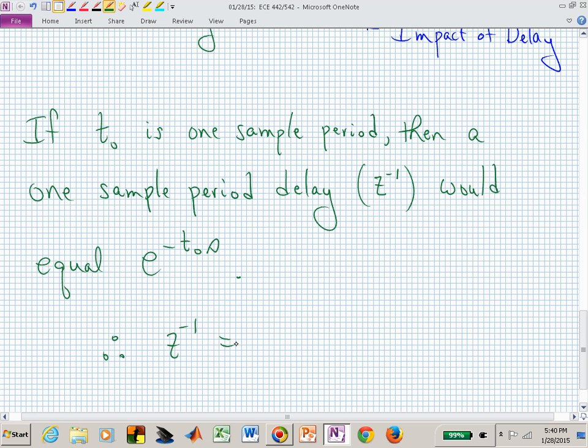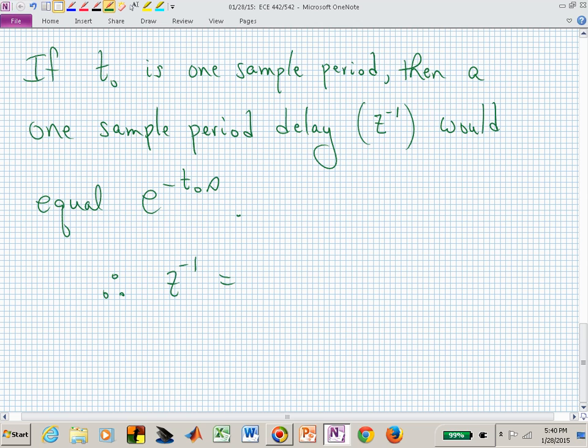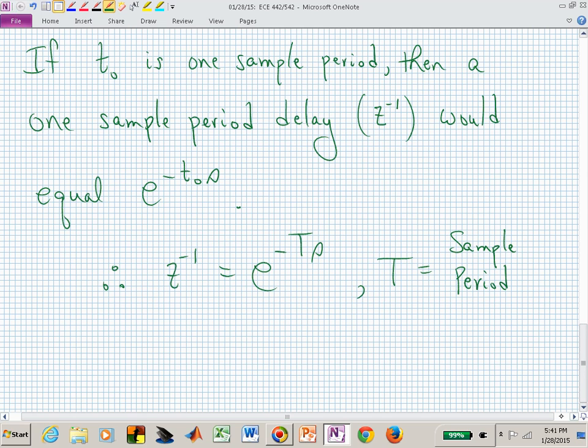That's actually giving us the relationship between z as a complex number and s as a complex number, where capital T is the sample period.